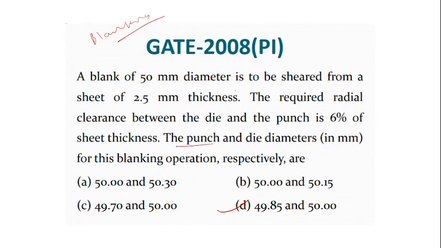When you calculate that, we'll calculate the clearance. It is 6% of your sheet thickness. Then we will calculate the punch dimension. The answer is C, ma'am, not D. You are getting C, ma'am. Okay, after solving this, you are getting C. Yes, ma'am, I am getting C.